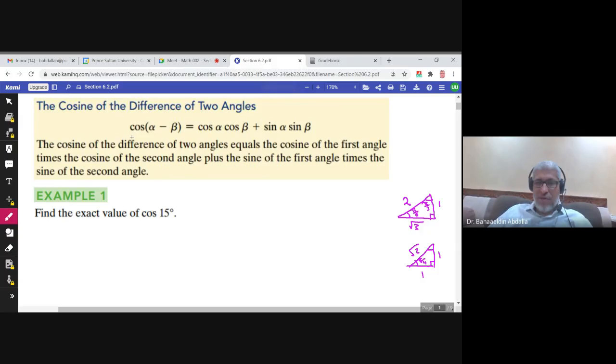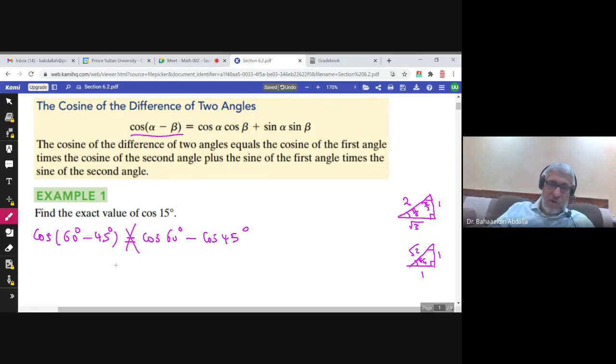For example, look at this formula, cosine alpha minus beta. If we need to find cosine 60 minus 45, would it be cosine 60 minus cosine 45? The answer is no, this is not correct.